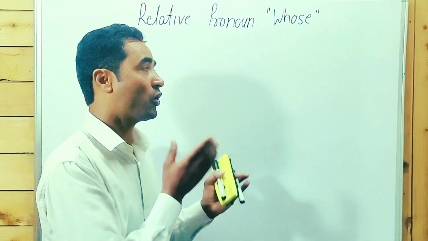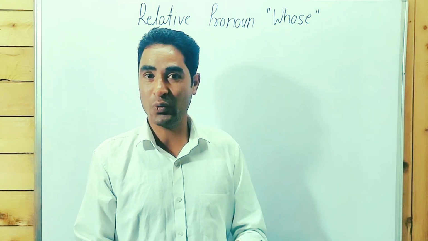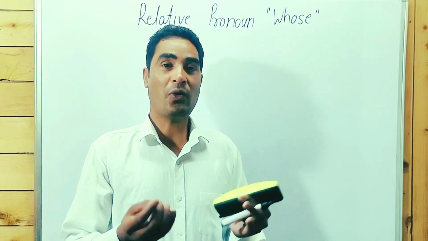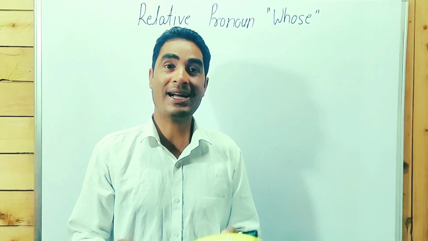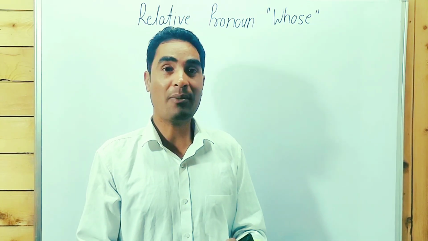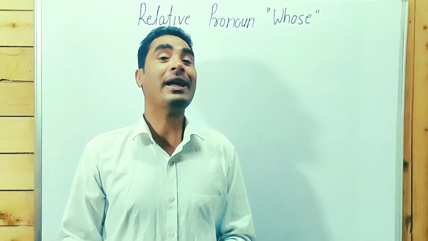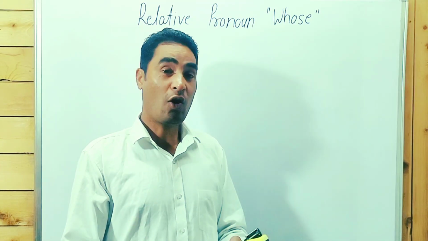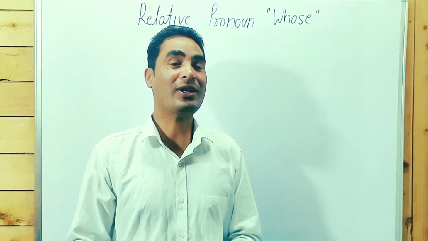And in the very last video of relative pronoun we learned about which, which is used for non-human beings like animals, objects and things. When we talk about selection and choice, in this case we use which for human beings as well. I hope you have watched the previous video. If you haven't, go to the description and watch.